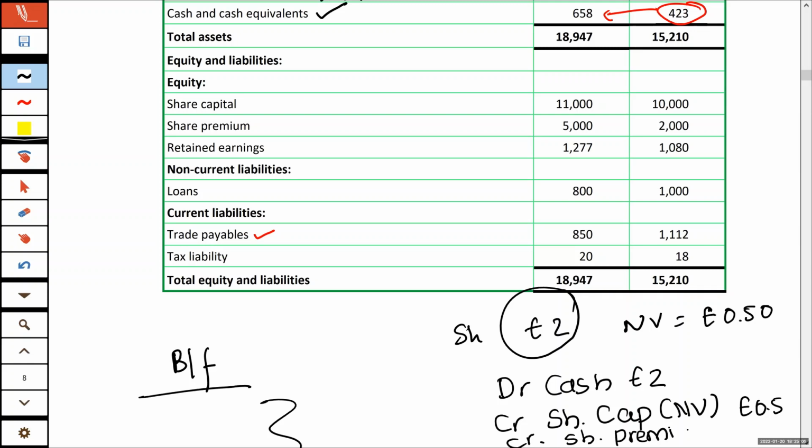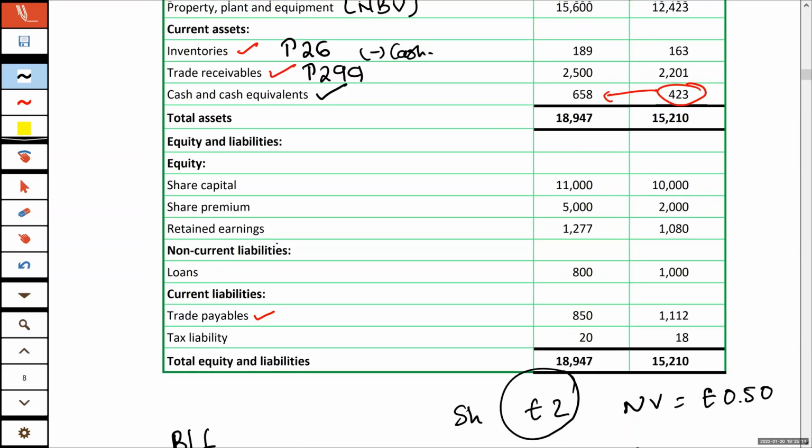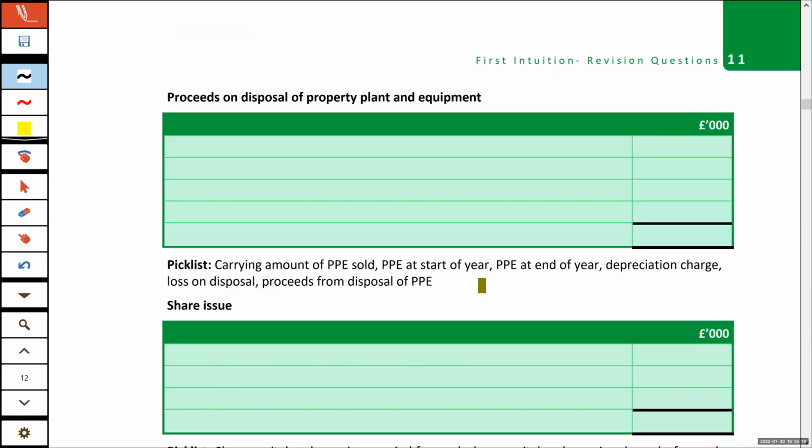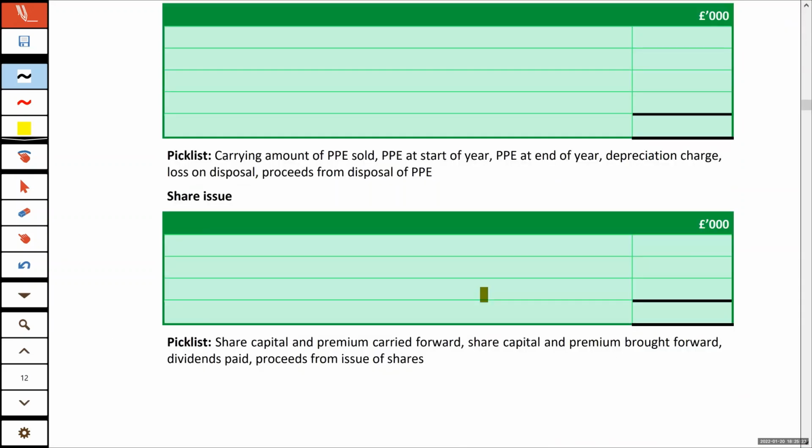And the reason why I asked you for that double entry is because that's going to help you think about the box that we're going to fill in. The box we are going to fill in is our share issue box. So that says, okay, I will have to take into consideration my share issue as share capital and share premium together. So here, when I do my calculation, I'll have brought forward, which is going to be 12,000.